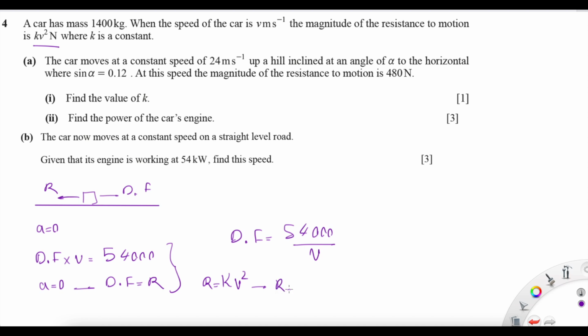So resistance is equal to 5 over 6 v squared. So combining these two, 5 over 6 v squared is resistance, and resistance is equal to driving force.